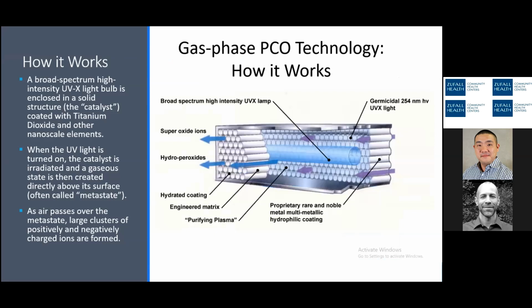This is kind of a diagram showing the internal mechanisms of one of the PCO cells. We see we have this honeycomb structure, which is surrounding a broad spectrum, high intensity UVC lamp. And when that light shines on the catalyst in this honeycomb structure, which is often created with multi-metallic catalysts, titanium dioxide, as well as other elements in there, it produces superoxide anions as well as hydroperoxides, and those then actively seek out contaminants.